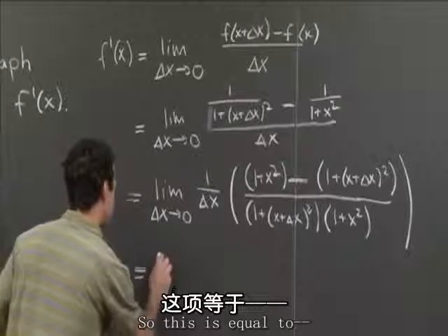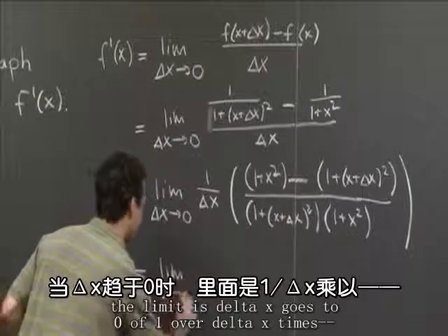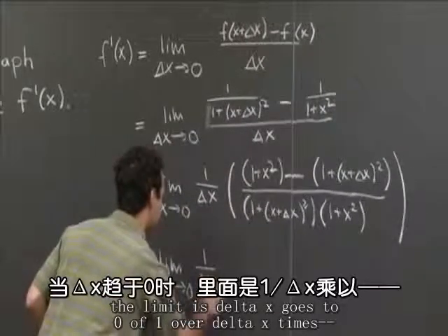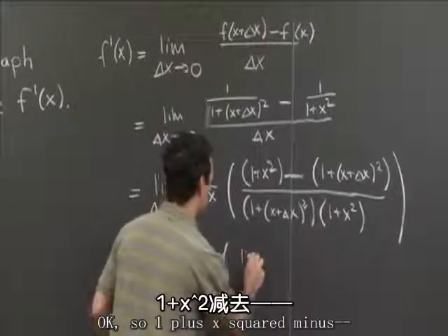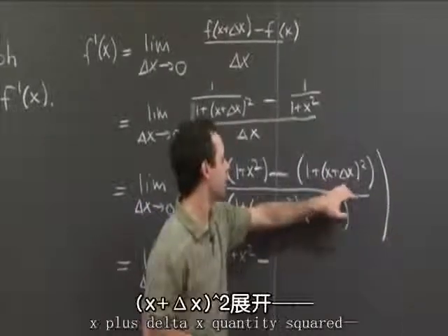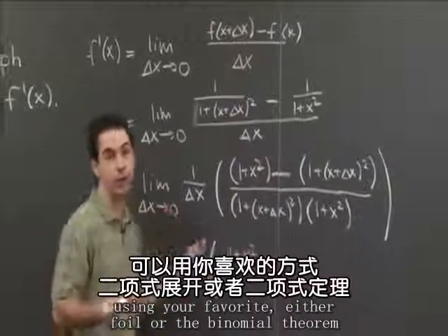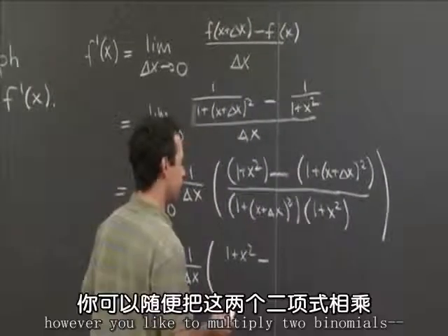So this is equal to, all right, well, the limit hangs out. So it's the limit as delta x goes to 0 of 1 over delta x times, OK, so 1 plus x squared minus, all right, so if you expand out x plus delta x quantity squared using your favorite either FOIL or the binomial theorem, or just however you like to multiply two binomials.